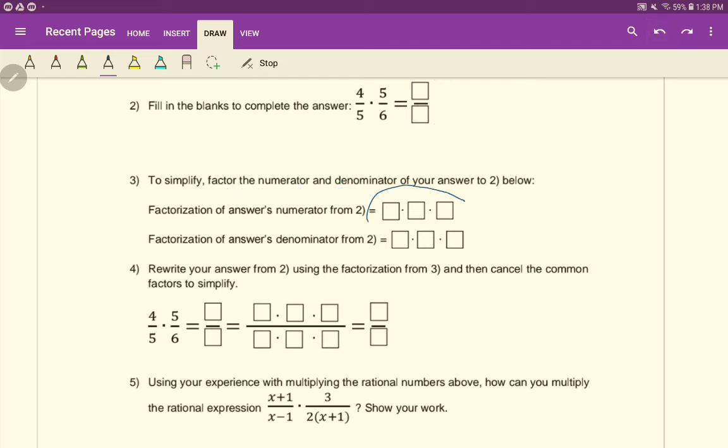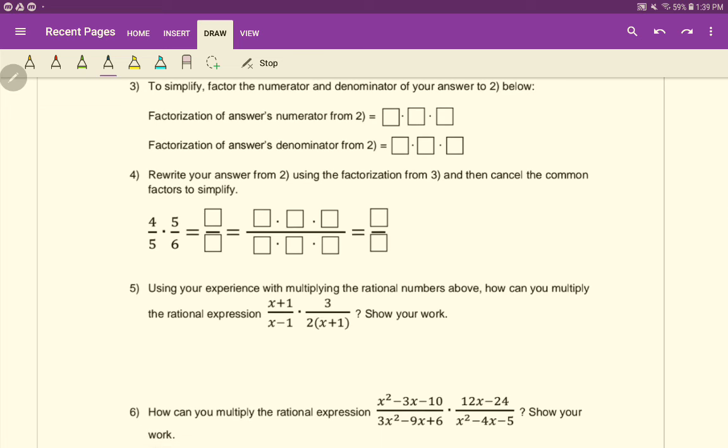You're going to show that factorization here for the numerator, and you'll show the factorization here for the denominator, from that answer. And then finally, number four, you're going to rewrite that answer from number two, along with the factorization that you came up with, and then cancel the common factors to simplify and get your answer right there.